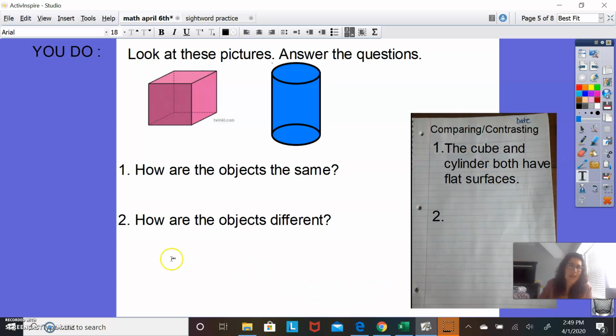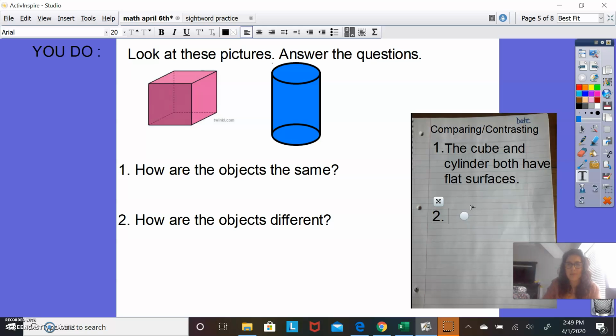Okay, now, how are the objects different? Well, I know that a cube has 1, 2, 3, 4, 5, 6 faces, and that a cylinder has 1, 2 faces. So that's how they are different, or one way they are different.